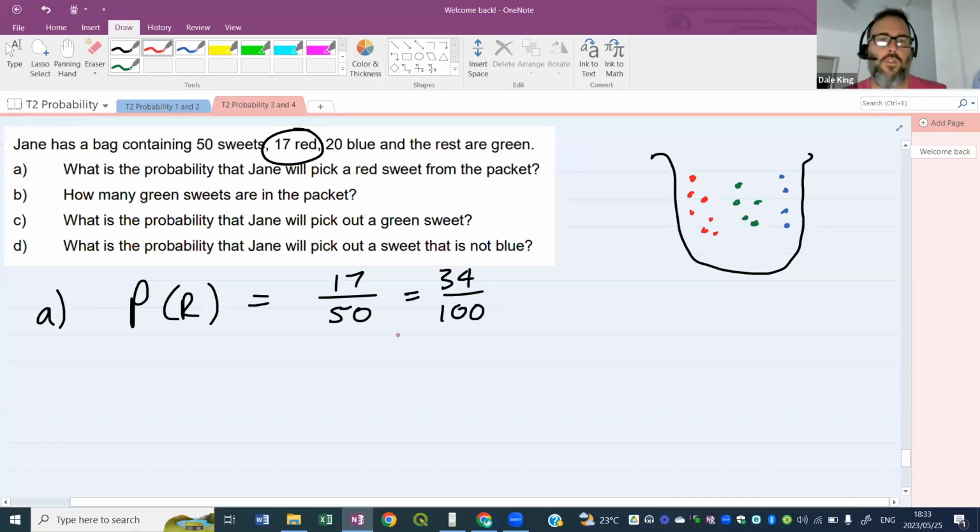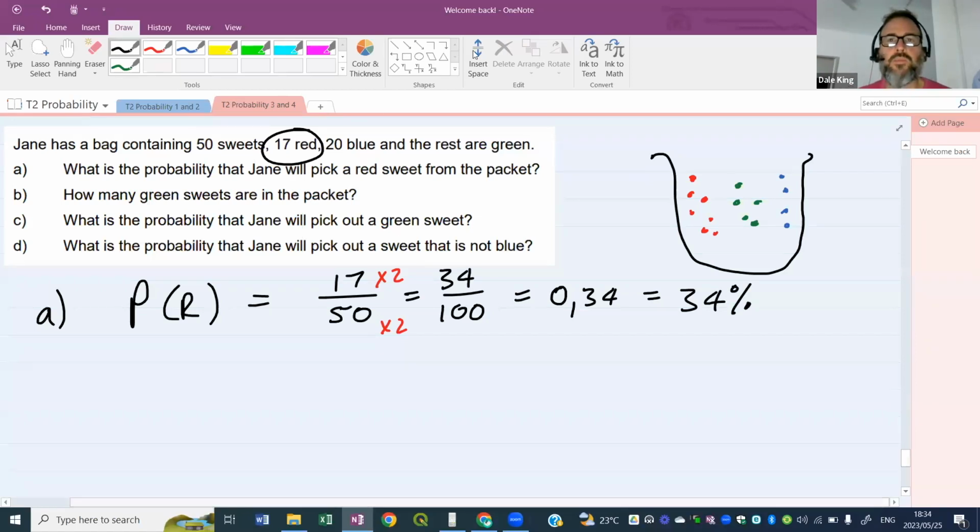If I double the 50, without a calculator, and I double the 17, I get 34 out of 100, which is 34% or 0.34 as a decimal. So we need to be able to write this in any format that they ask for. They didn't ask, so the fraction is fine, but we're just practicing any format here. Good job.